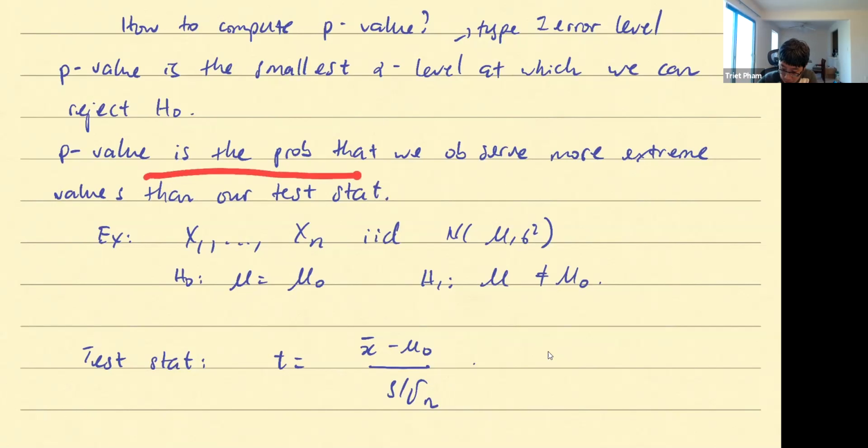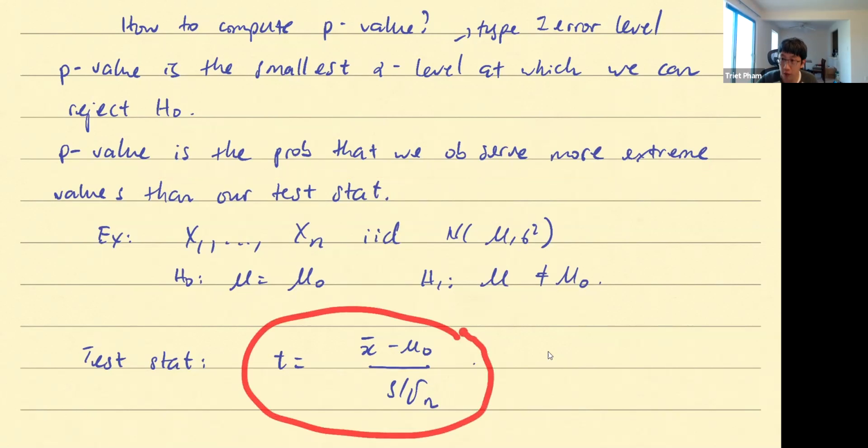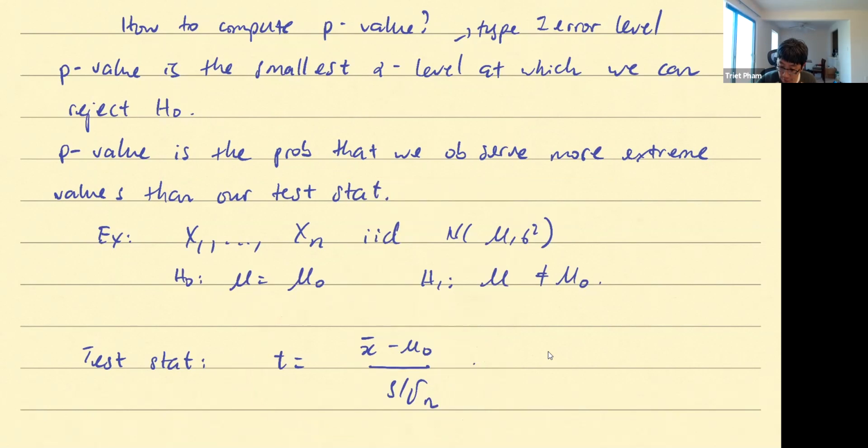Let me backtrack, and not jump too quickly. First of all, do you see that this is a very reasonable test statistic for this hypothesis? Why? What are we testing? We're testing whether the true mean is at mu naught or not at mu naught.